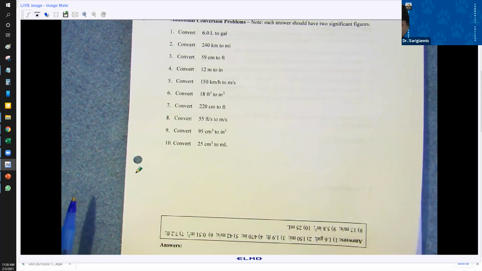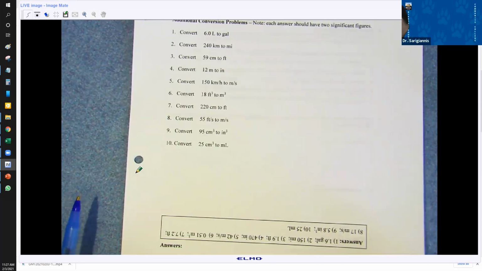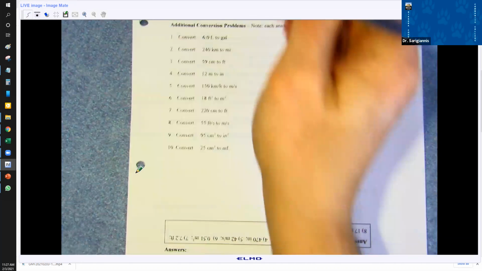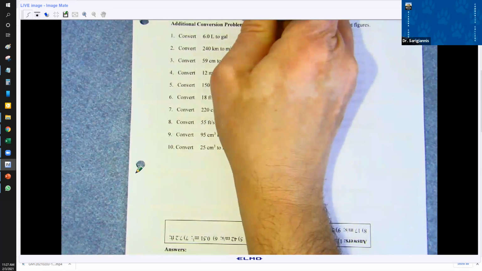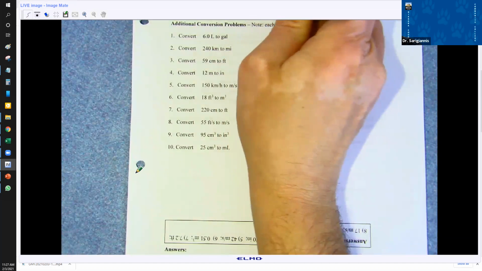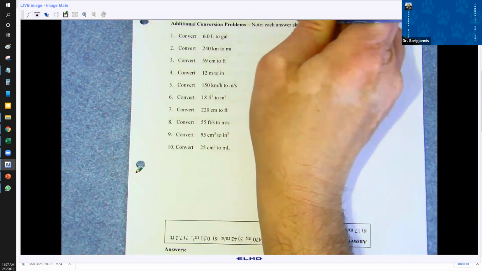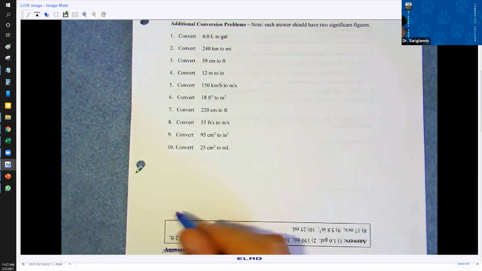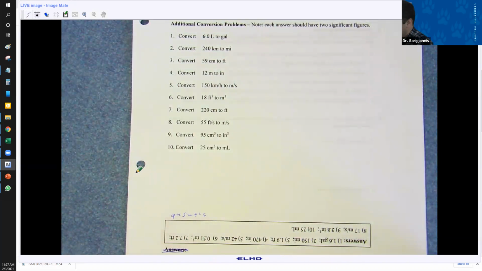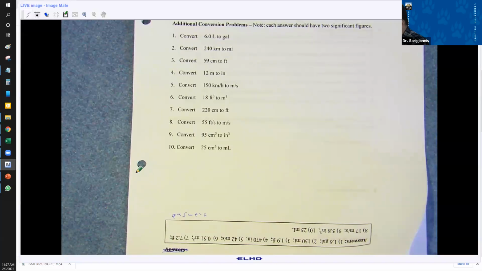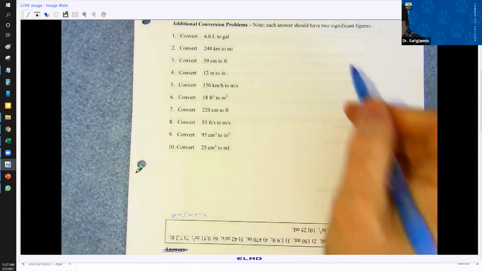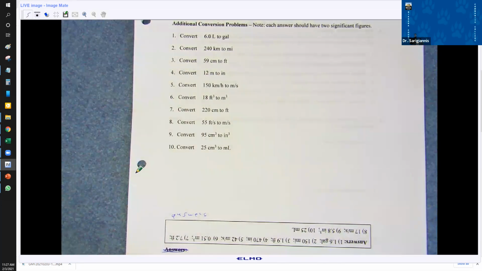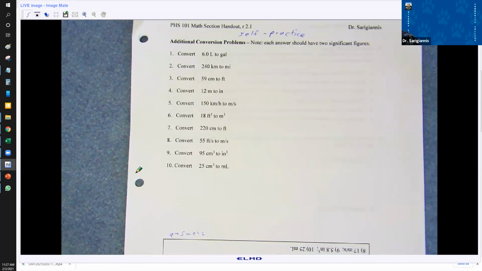These are to do on your own. Self-practice. Let me know if one of the answers down here doesn't match. It might be helpful to have a piece of scrap paper to work them out on. I don't know if there's enough space to do all 10 of them. So do these on your own.